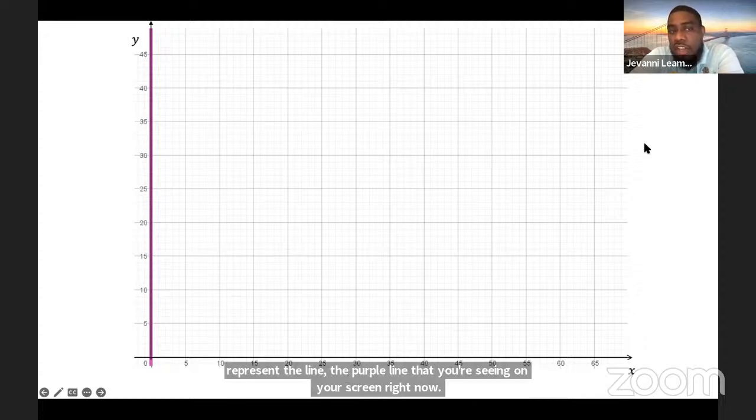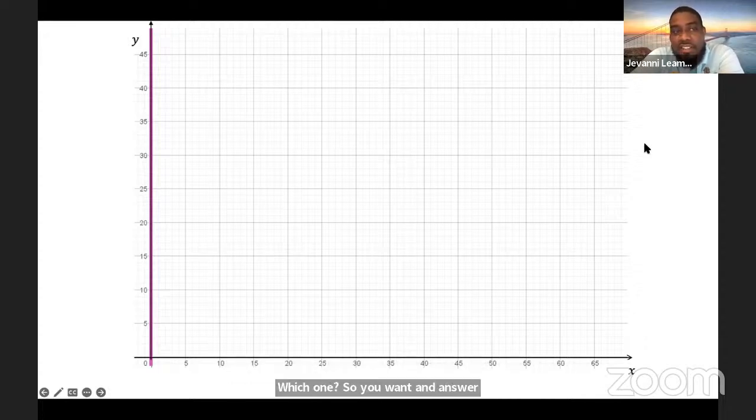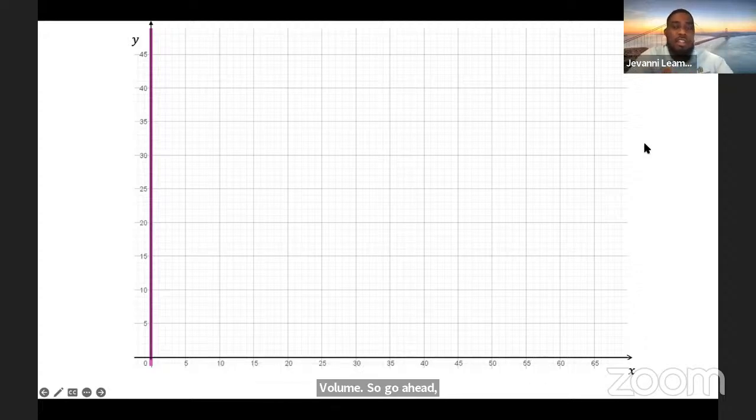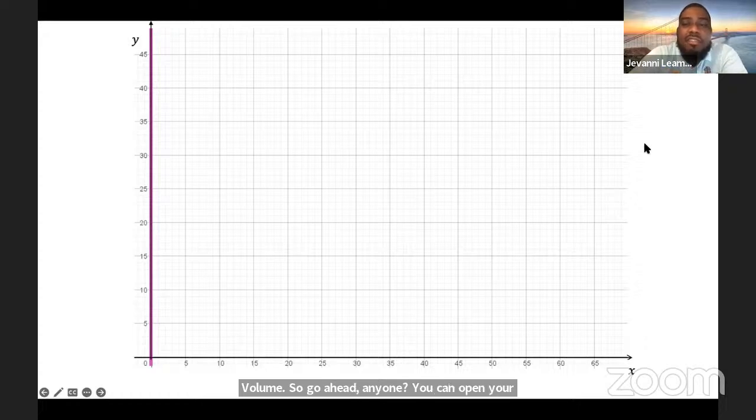You want to answer that first, then let's see what you get for your actual value. Go ahead, anyone. You can open your mic when you raise your hand after we have addressed you, or you can type it in the chat. So is it an actual line, an equation of a line, or is it an inequality? What is it?